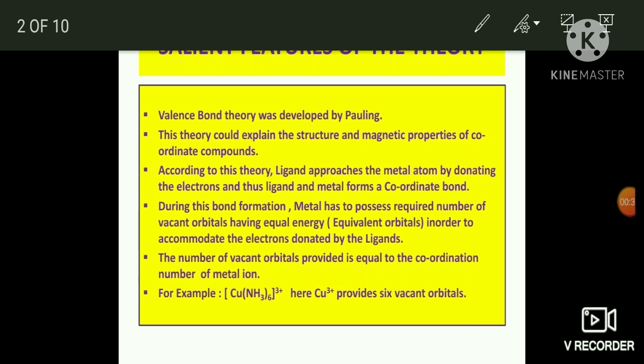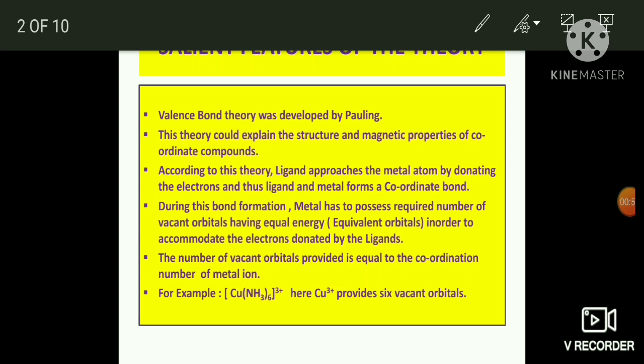During this bond formation, the metal ion acts as an electron pair acceptor and the ligands act as electron pair donors. To accept and accommodate the electrons donated by the ligand, the metal ion has to provide vacant orbitals of equal energies.